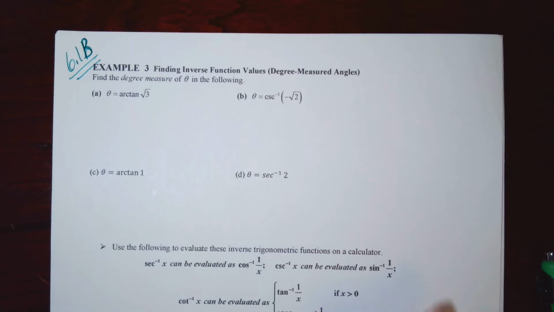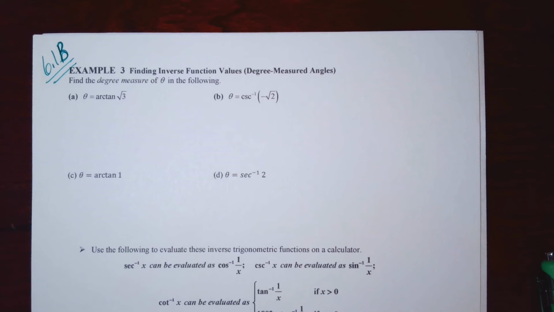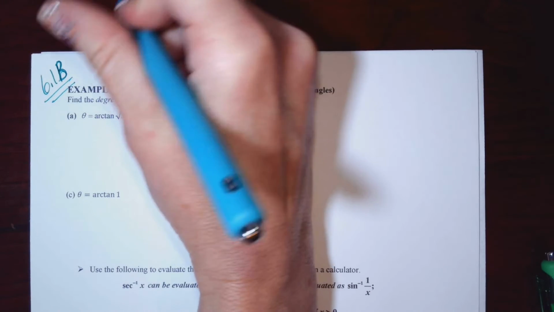We're talking about inverse functions, and we're going to start putting those things to work for us. When you're dealing with inverse functions, you want to be sure that you identify the range first.